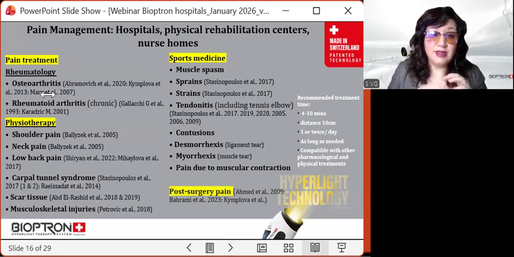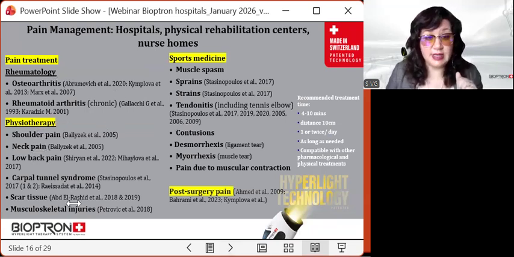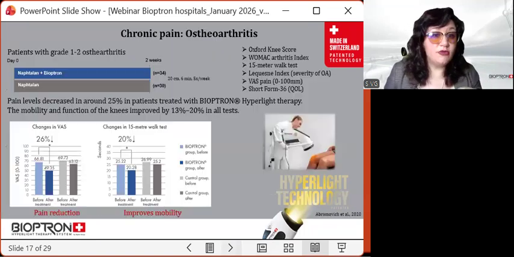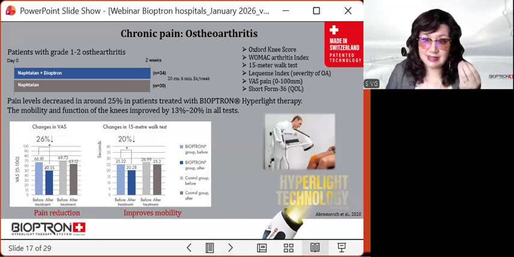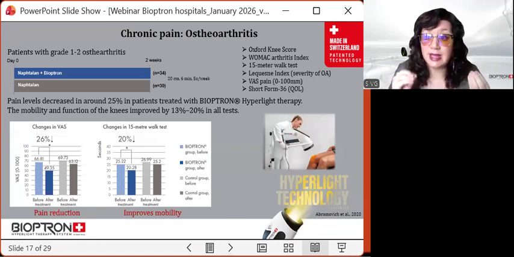Once again, we have quite a lot of studies in each of these medical pathologies. You can use that as proof, and then you can explain some of these studies to give them an idea that these studies exist and show the performance and the safety of medically certified Bioptron devices.